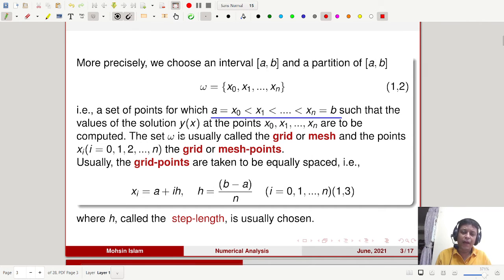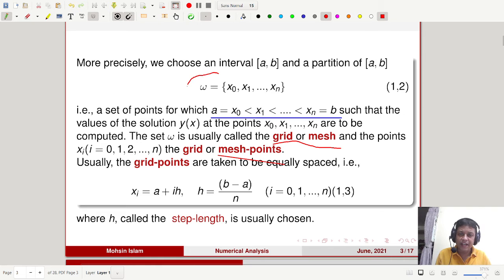Such that the values of the solution y(x) at these partition points x0, x1, ..., xn are to be computed. The set omega, which contains the partition points, is usually called the grid or mesh, and the points xi are the grid or mesh points.